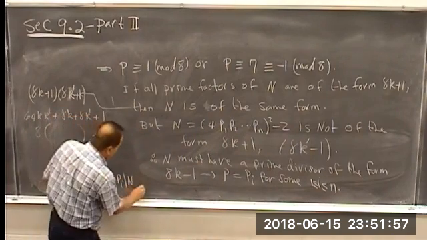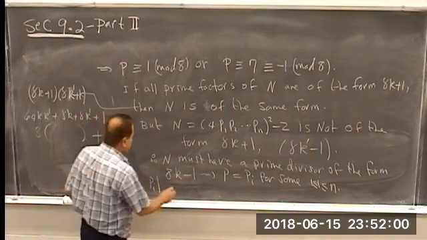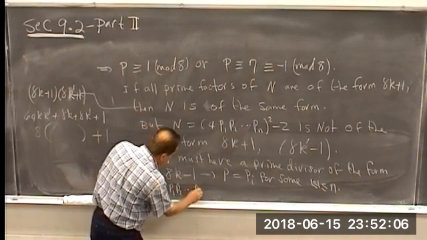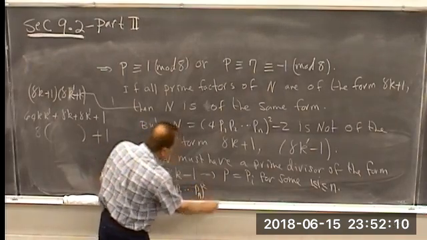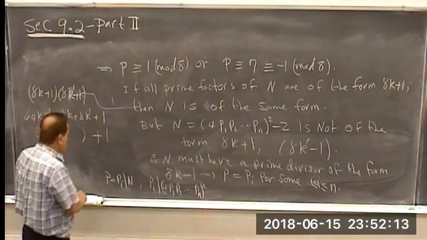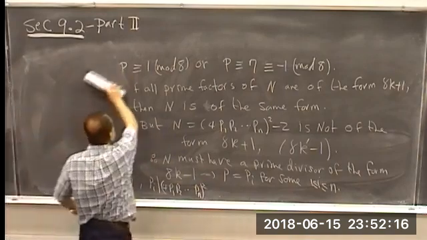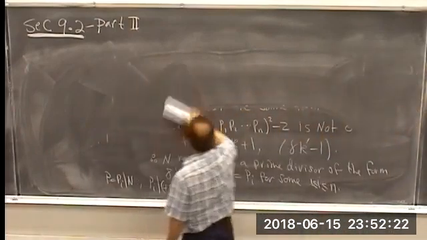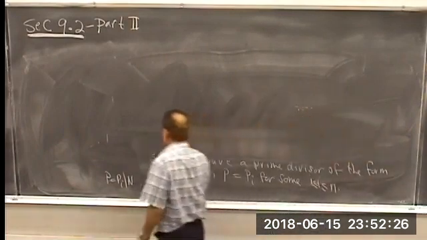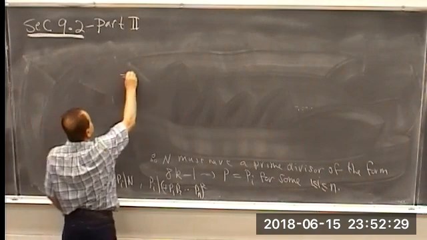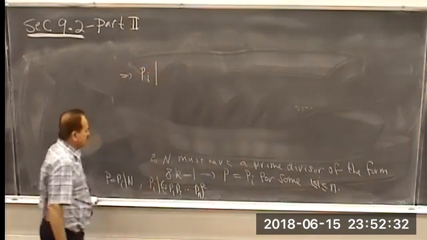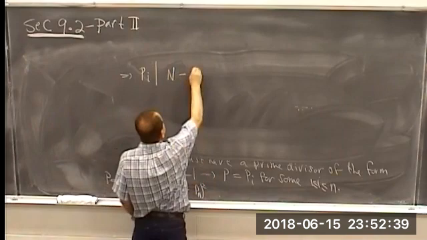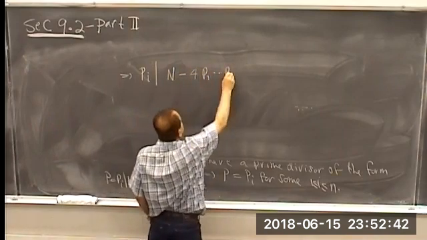And of course, P sub i divides the product 4 P1 up to Pn squared. So P sub i is going to divide the difference, to be 2.